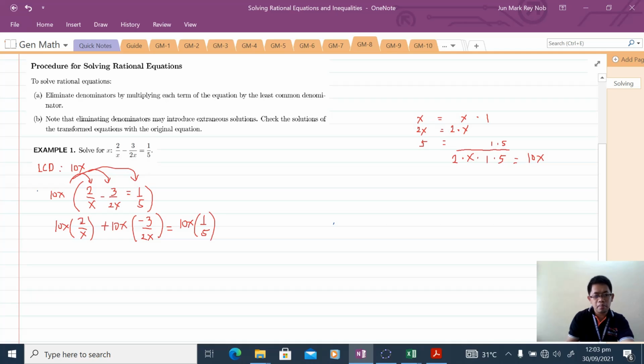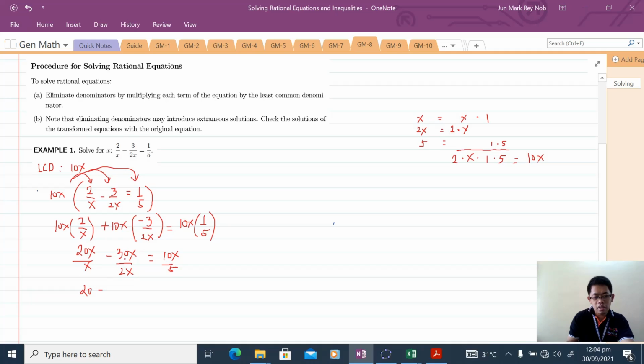Now 10x times 2 is 20x over x. 10x times negative 3 is negative 30x over 2x. We can just simply answer this right away, but just for illustration purposes, 10x times 1 is 10x over 5. So 20x over x is 20.